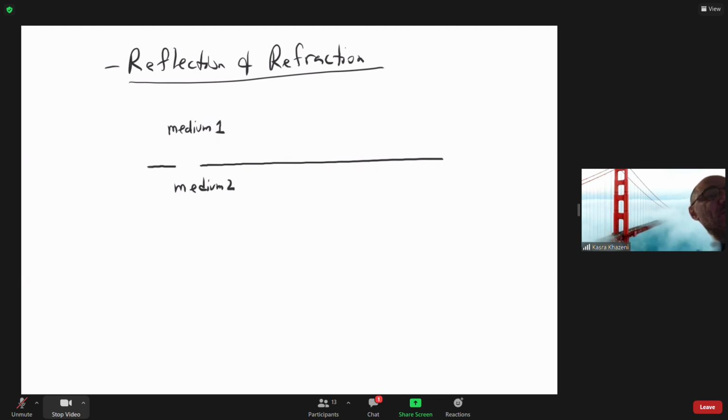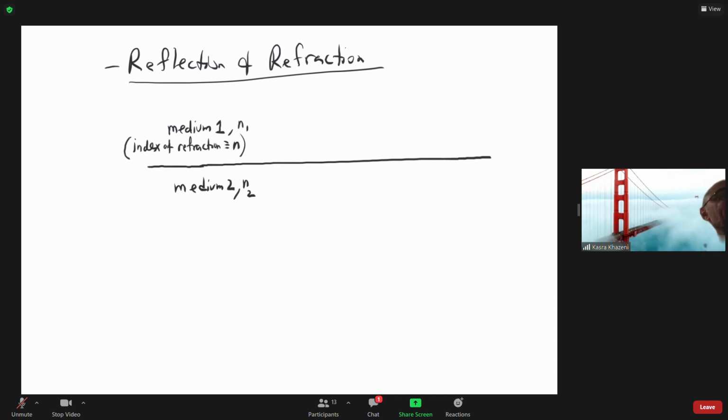As far as optics is concerned, or any electromagnetic wave, when you go from one medium to another, the mediums are all defined by an index of refraction, which is usually denoted by n. So medium 1 has index of refraction n1, medium 2 has index of refraction n2.